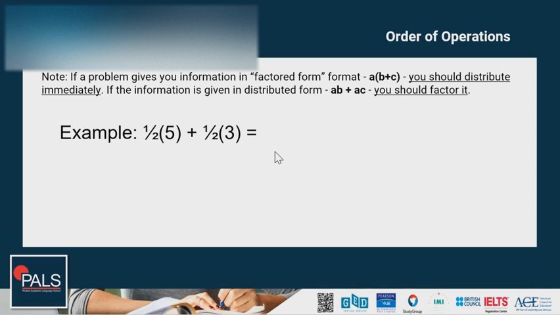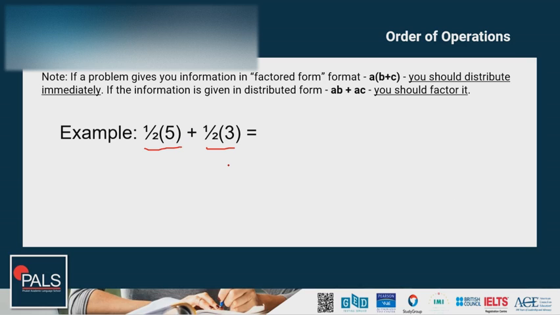Now let's try the example below. As you can see in the example, we have 1/2 times 5 plus 1/2 times 3. Now in this case, there is no exact half of 5 and there is no exact half of 3.